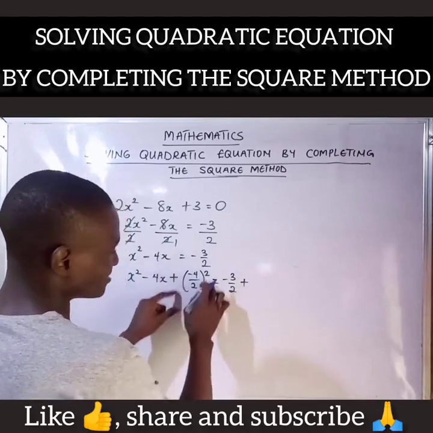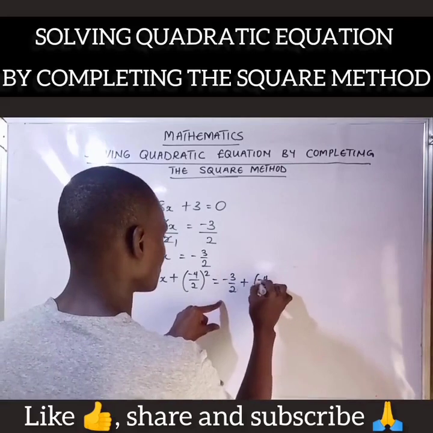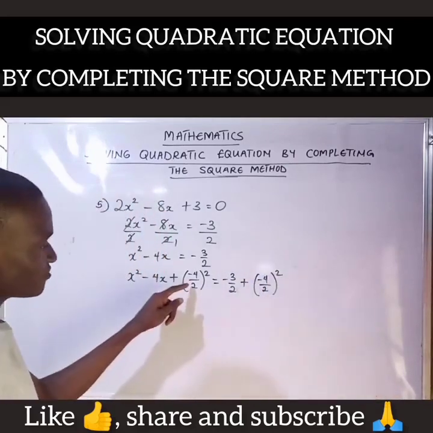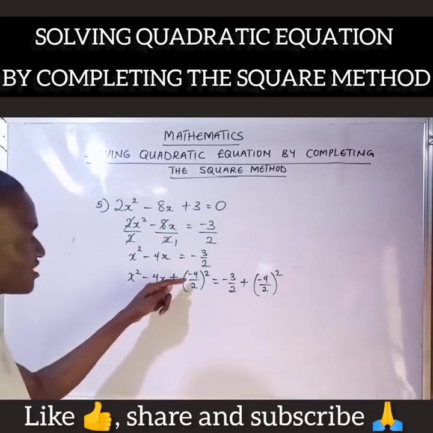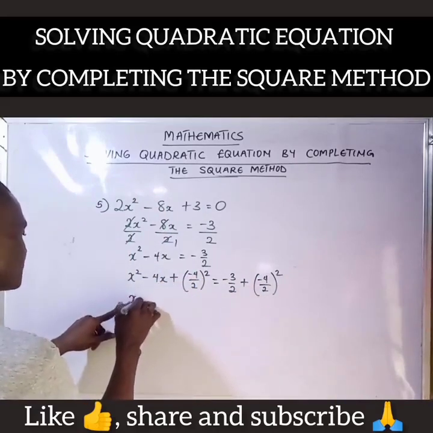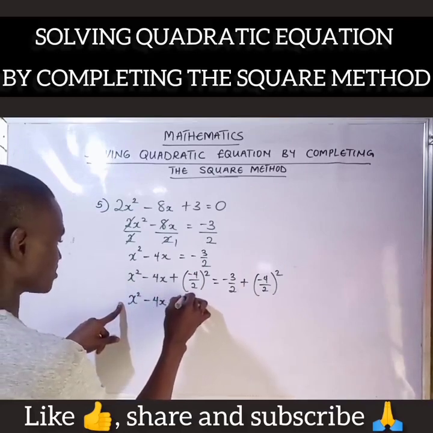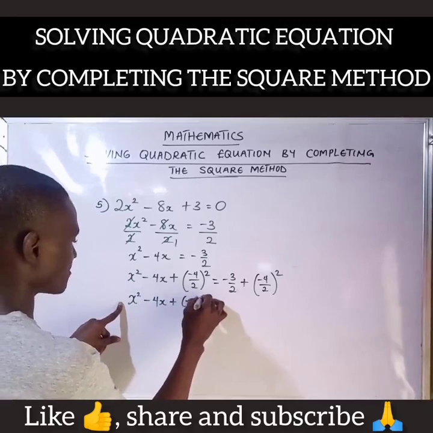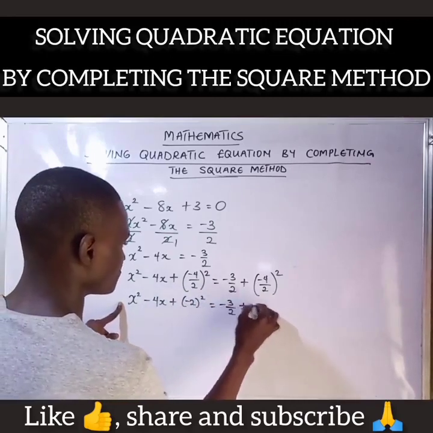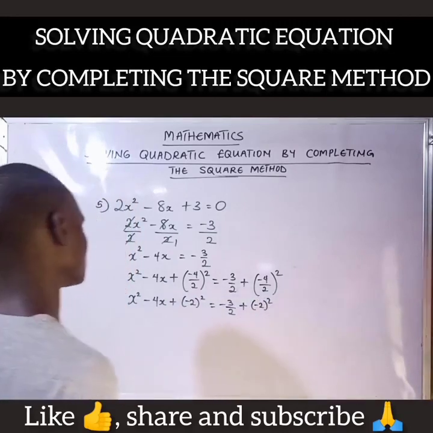I am going to add the same thing I have here to there, and that will be negative 4 over 2 to the power of 2. Now, when you pay attention to this bracket, you see that negative 4 divided by 2 is negative 2. So we have x squared minus 4x plus negative 2 to the power of 2, which is equal to minus 3 over 2 plus negative 2 to the power of 2.